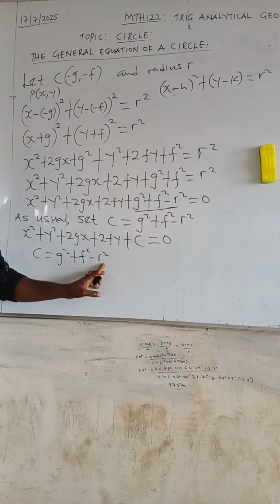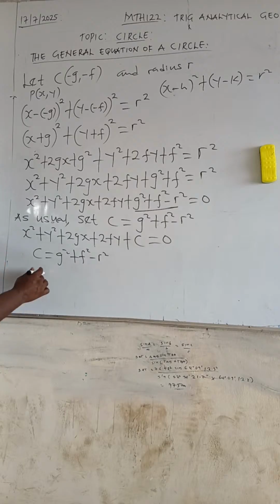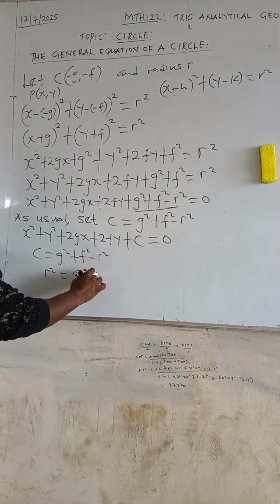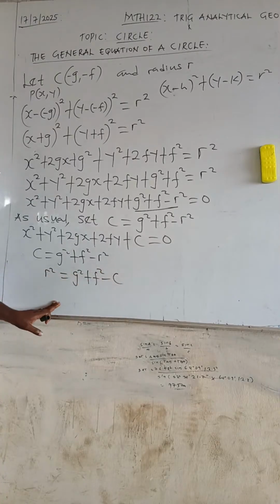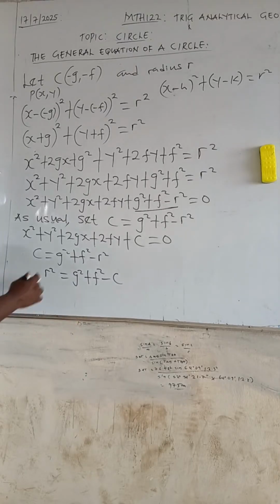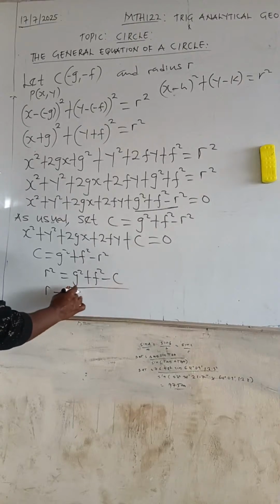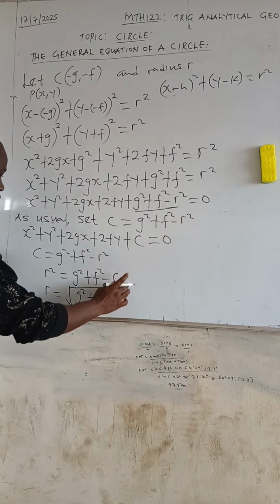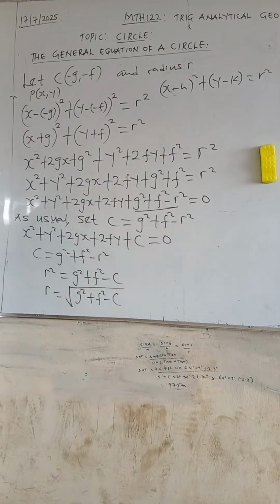So our r squared will now be equal to g squared plus f squared minus C. Amen? So whenever we are asked to find the radius, by the time you square both sides, our r will now be square root of g squared plus f squared minus what? C. For radius, if you are asked to find the radius.